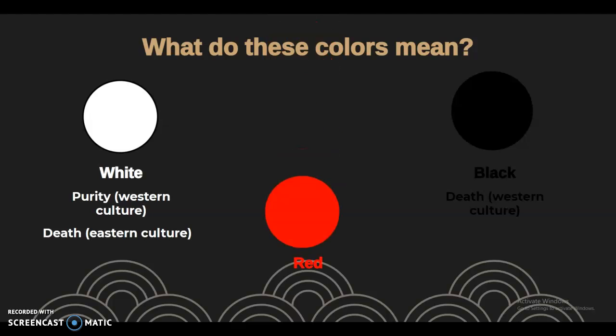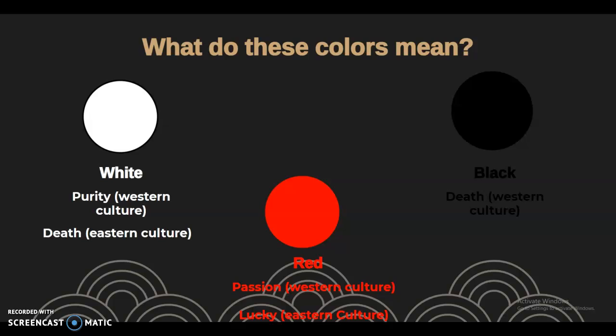Red. Okay, so in Western culture, that's our culture, red is associated with passion, violence, right? Blood. But in Eastern culture, red is a lucky color. In many Eastern cultures, brides wear red, or money is put in red envelopes on New Year's.